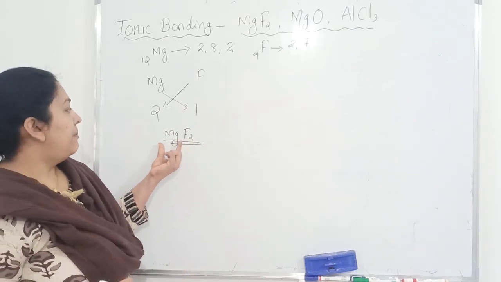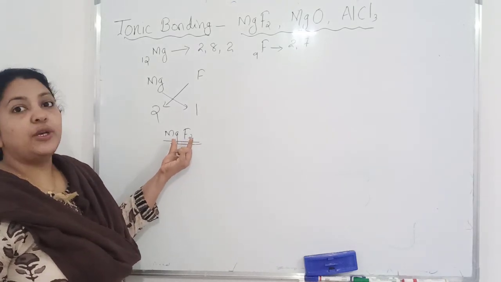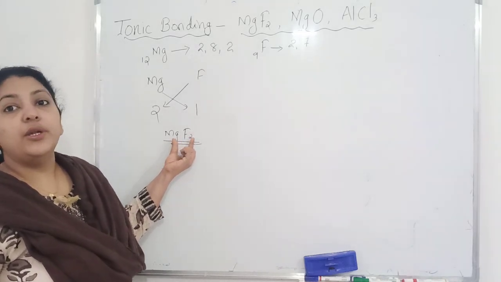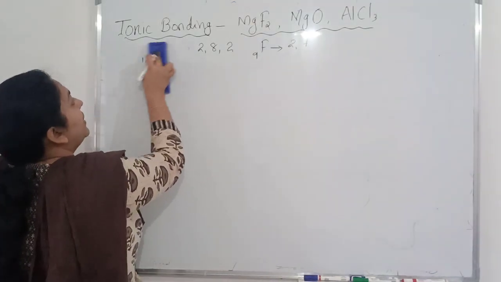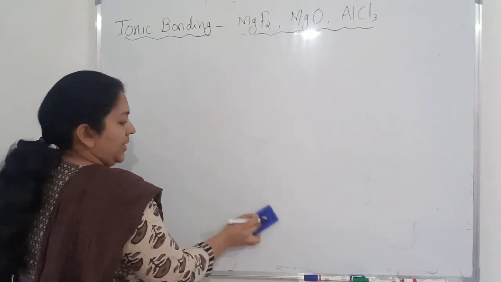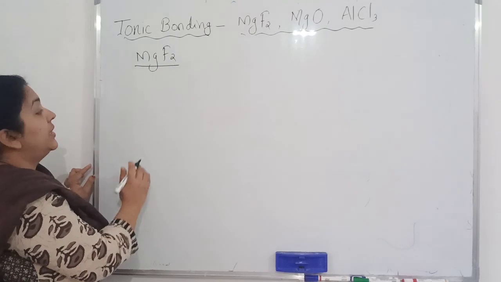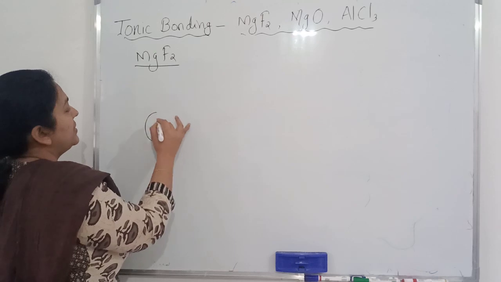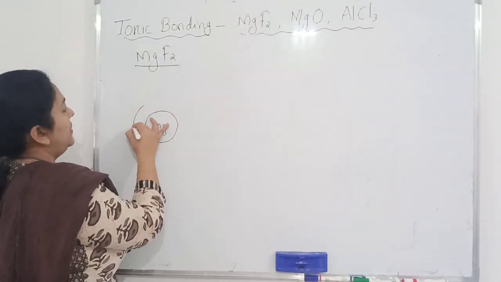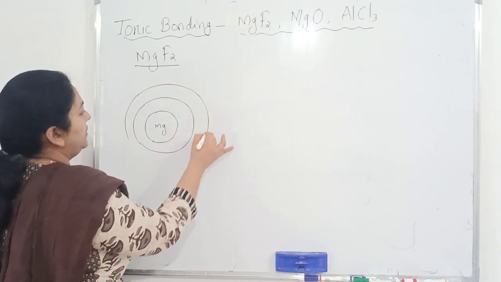Okay. What does it mean? Magnesium is bonded with 2 fluorine atoms. One magnesium atom and 2 fluorine atoms are bonded together. That's the meaning. Okay. So we will draw the ionic bonding in magnesium fluoride first, MgF2. First we have to draw the magnesium atom. One magnesium atom. Second shell and third shell.